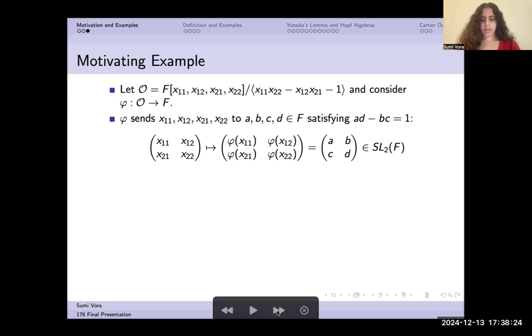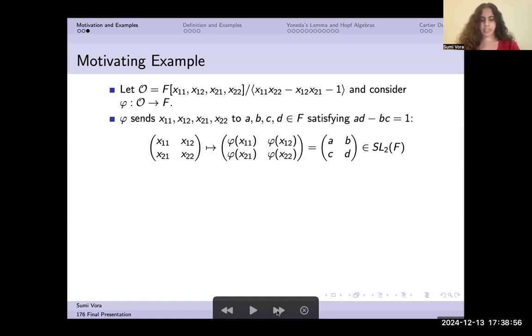Then we can think about where phi sends the generators in O. So let's say phi maps the polynomial x11 to A, and then it sends the polynomial x12 to B, x21 to C, and x22 to D. Because it's a homomorphism that preserves the relations of the ring, we must have that AD minus BC equals 1. So if we arrange these in a matrix again, we'll see that phi sends something in Z_I to another point in Z_I.